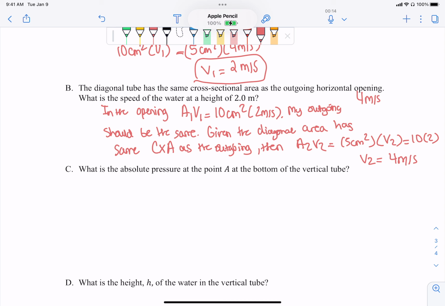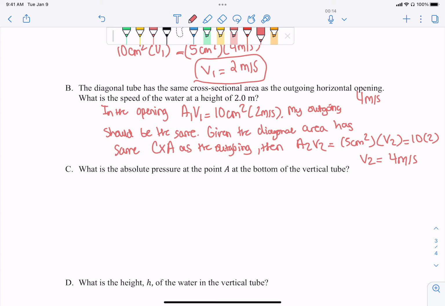So I would make sure in your answer to include the constant flow equation right here: A1V1 is equal to A2V2. Since my incoming is 10 times 2, so I have a specific flow incoming, that same flow has to be outgoing.